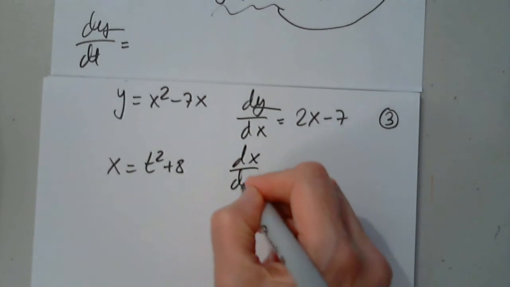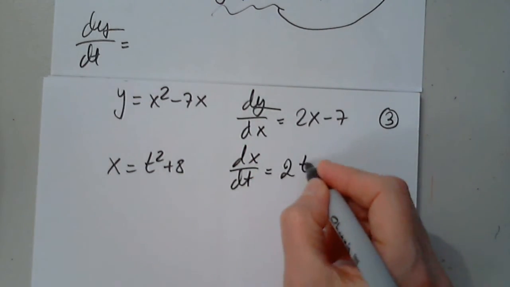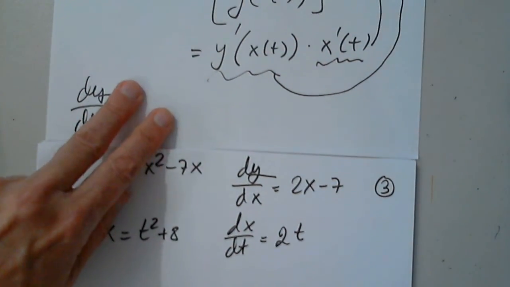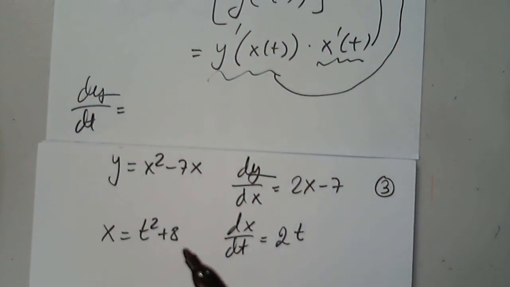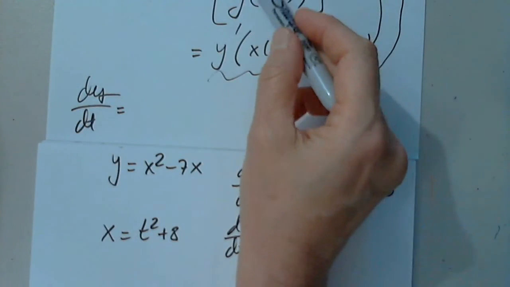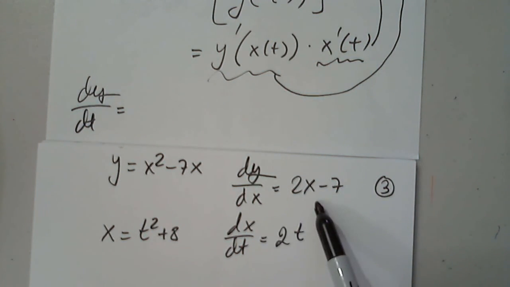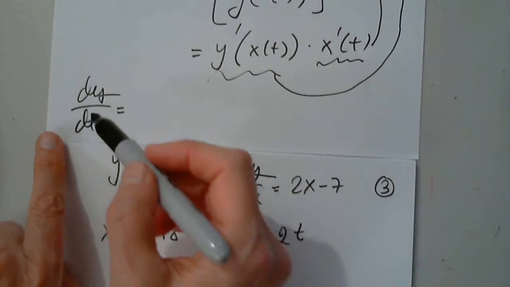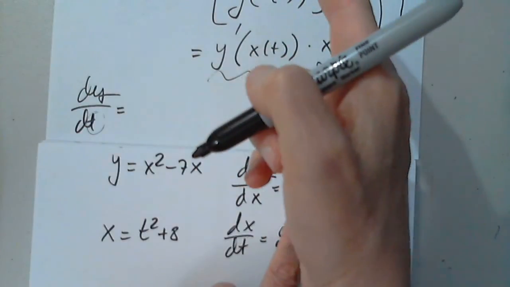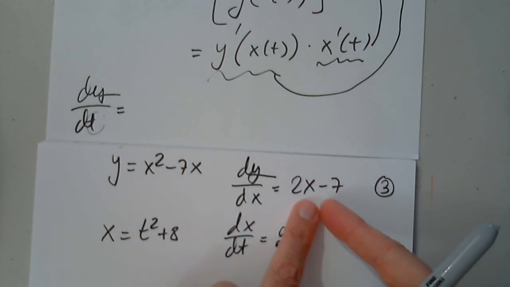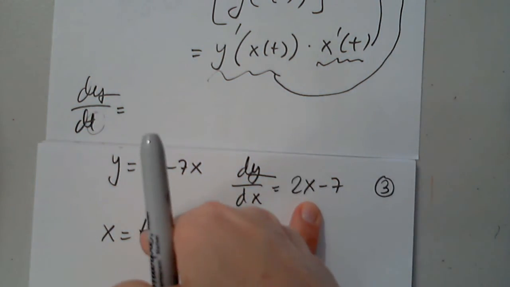So dx over dt is 2t. So now I have to be careful because I'm asked to differentiate y with respect to t. So I have dy over dx, which is this, but I want to differentiate with respect to t. So instead of x, I have to replace what x equals to, t squared plus 8.